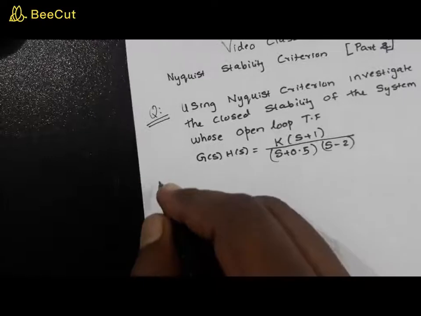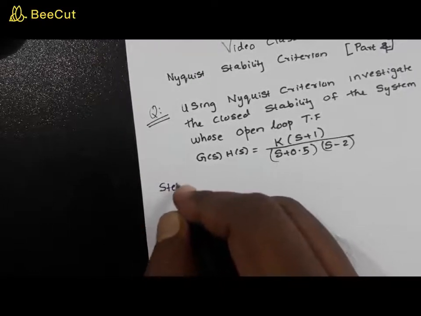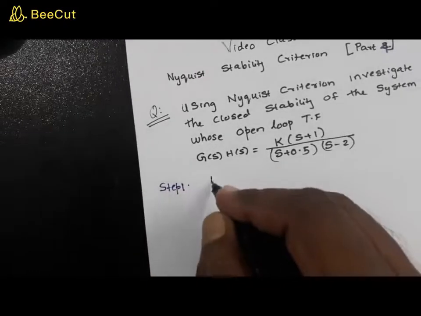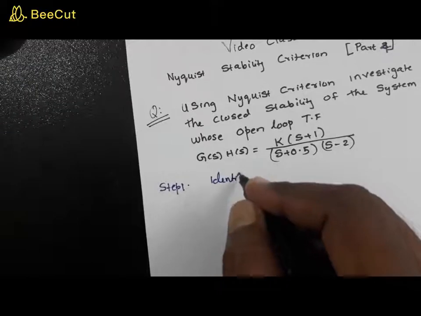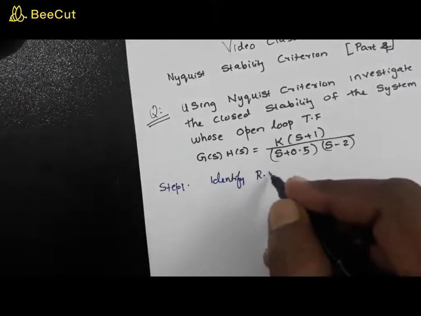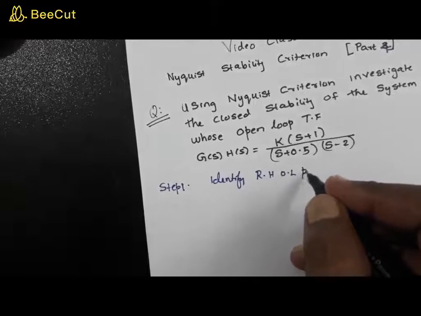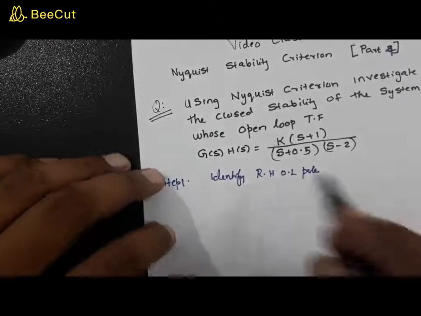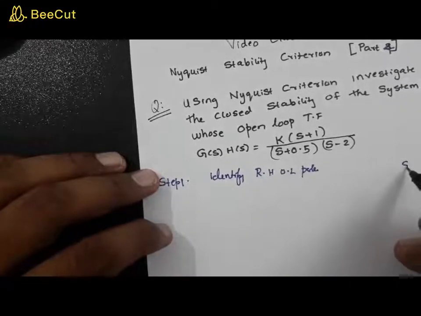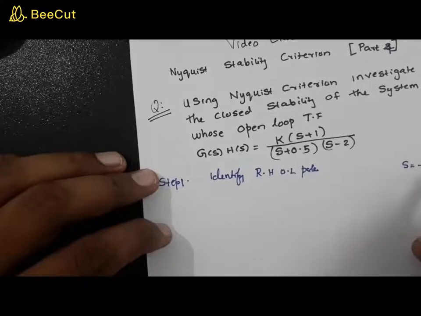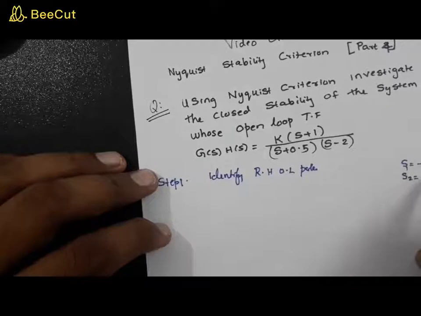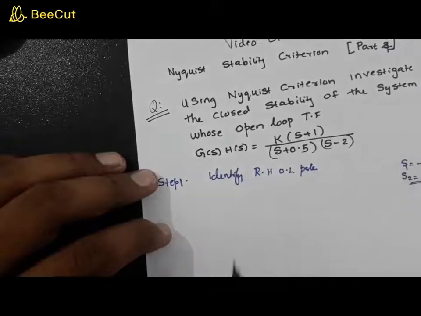Okay, let us move on to the problem. What is your step one? Step one is to identify the right half open loop poles. Now we can see that when you factorize this, one pole is at minus 0.5, that is a left half pole, and another pole is at 2, so this is a right half pole.